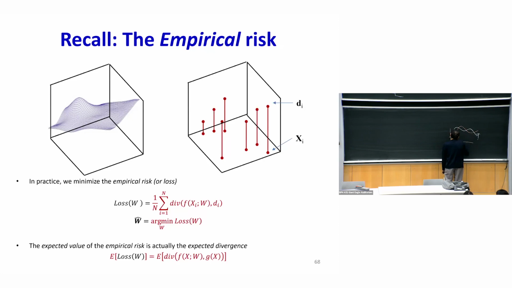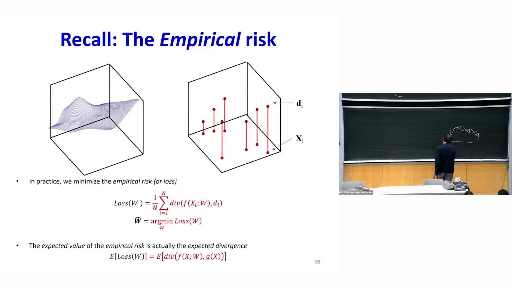So if this is my function f, now if I randomly choose a sample, then on any randomly chosen sample, I'm going to get a divergence, right? If I keep randomly choosing samples, what is the expected divergence? So this expected divergence that I was showing was basically telling you that if I keep randomly selecting samples from my training distribution and then compute the average divergence over all of these, that is my expected divergence, right?